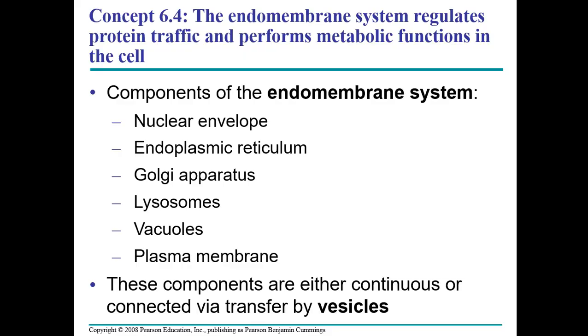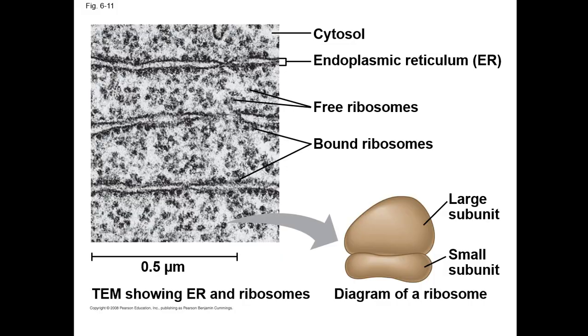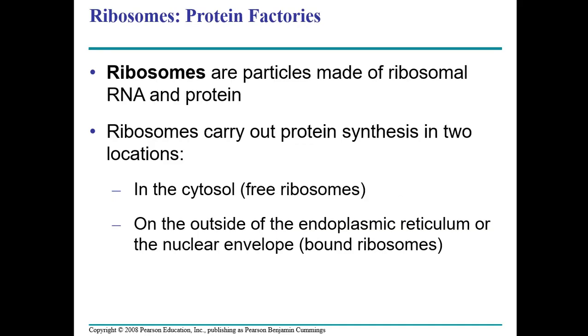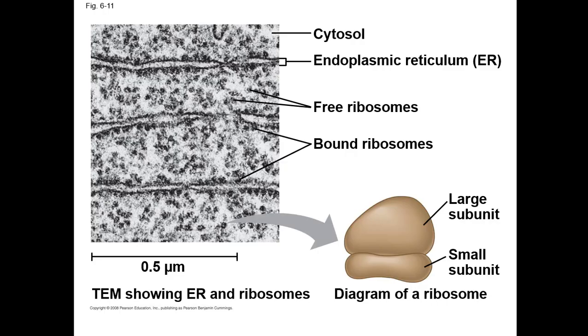Okay pa. So, what are the components? So, we have this system called as endomembrane system. Pag sinabing endomembrane system, this is a system where a particular set of organelles are gonna perform protein synthesis.